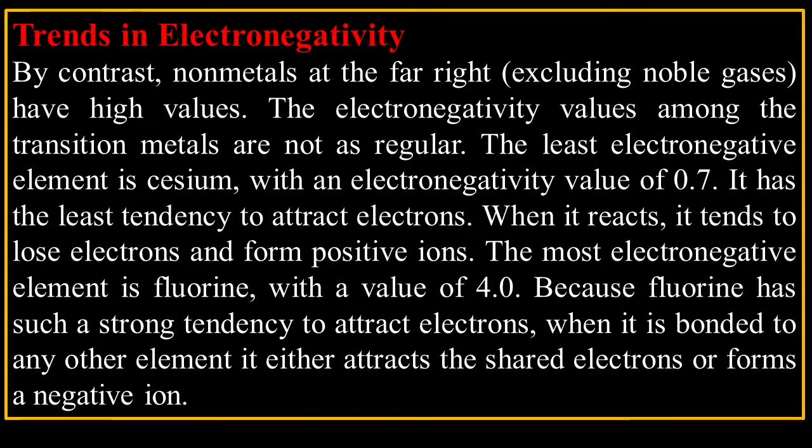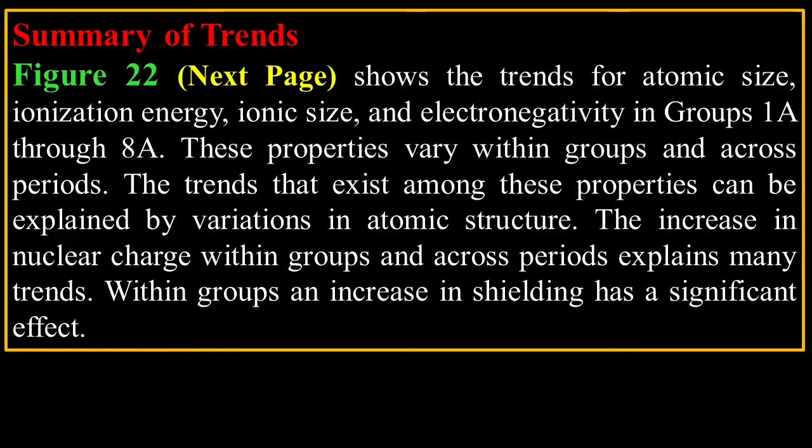The most electronegative element is fluorine, with a value of 4. Because fluorine has such a strong tendency to attract electrons, when it is bonded to any other element, it either attracts the shared electrons or forms a negative ion through ionic bonding.